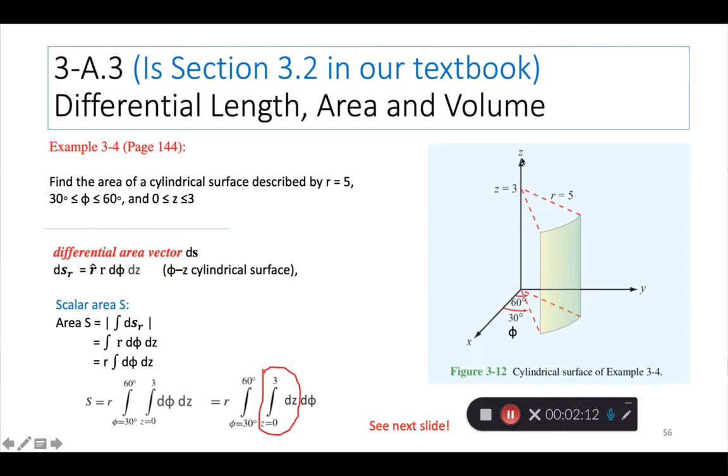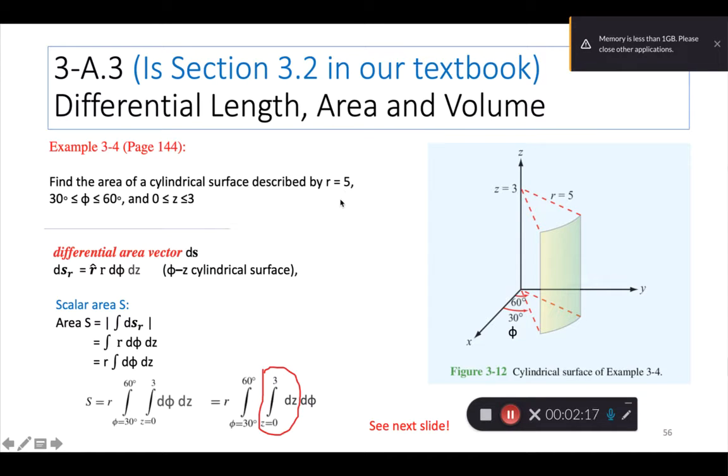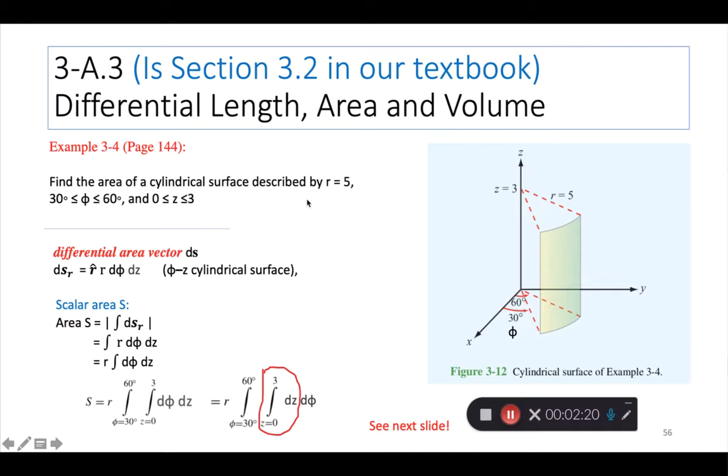So imagine a cylinder, and this is one piece of it, and certain properties have been given. R equals 5, z goes from 0 to 3 in that direction, and phi, this angle, as you may remember, goes from 30 to 60. Okay, so pretty simple example. I don't want to spend too much time.